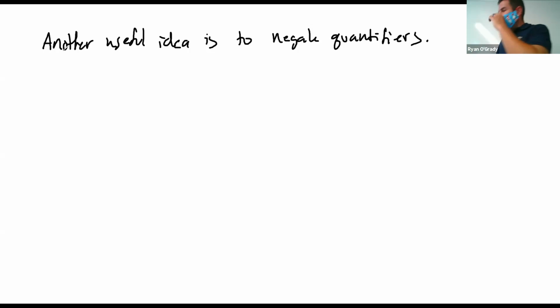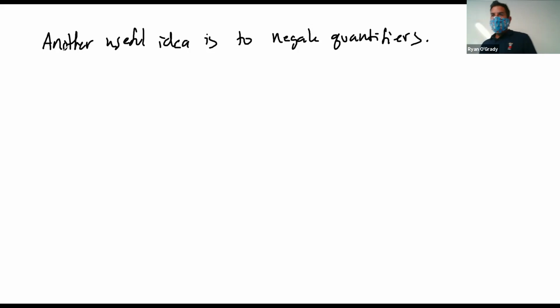So for example, we might have the statement there exists x such that x squared is greater than x. Well, what's the negation of that statement? If you have to think in terms of true and false, we know that's a true statement. So how can we rewrite that sentence so that it's false?